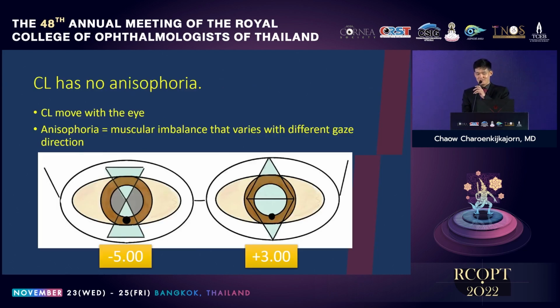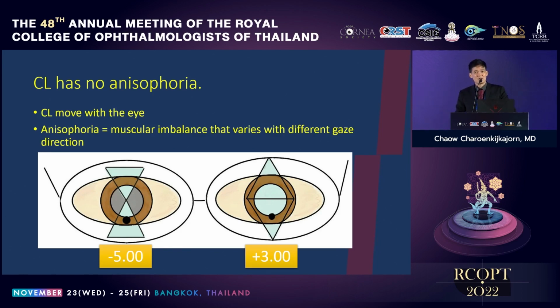This is a part of the spectacle magnification, but I would like to mention another advantage of the contact lens: it has no anisophoria. Anisophoria is a muscular imbalance that worsens in a particular direction. For example, if we wear glasses that are -5 on one side and +3 on the other, there is so much difference.